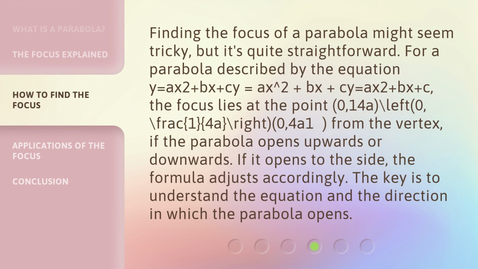Finding the focus of a parabola might seem tricky, but it's quite straightforward. For a parabola described by the equation y = ax^2 + bx + c, the focus lies at the point (0, 1/(4a)) from the vertex, if the parabola opens upwards or downwards.